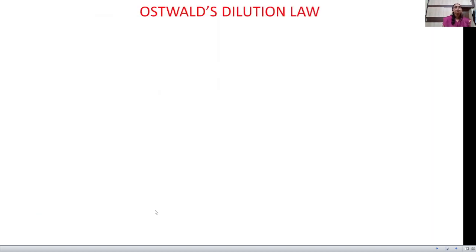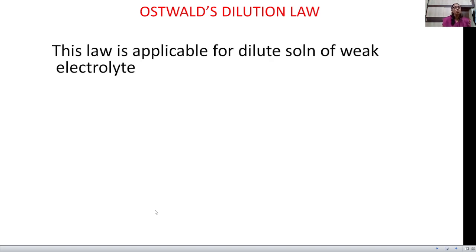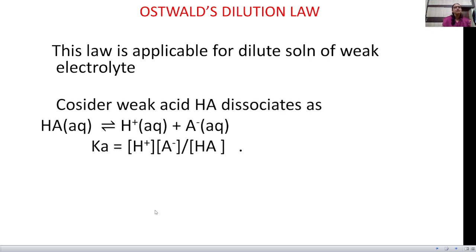Then we have to see Ostwald's dilution law. This law is applicable for dilute solutions of weak electrolytes. This is also important. It is applicable only for dilute solutions and for weak electrolytes, that is, for weak acids or weak bases.